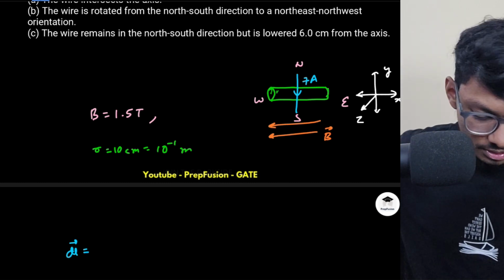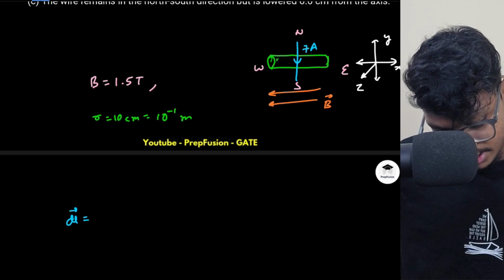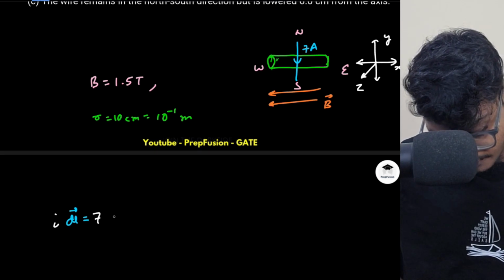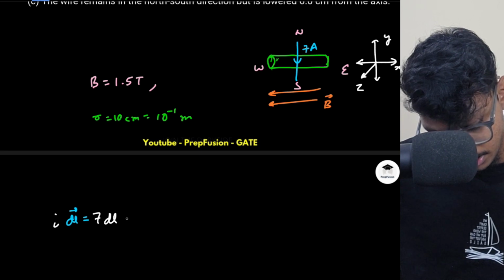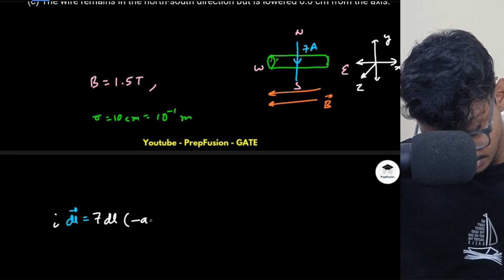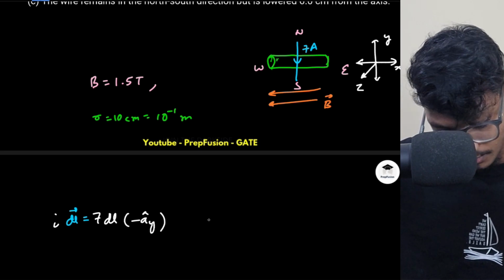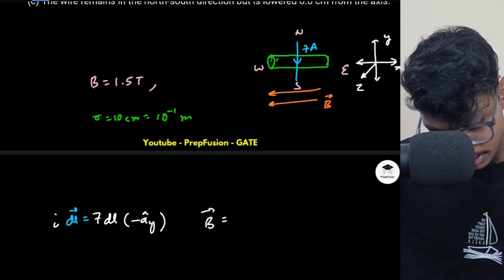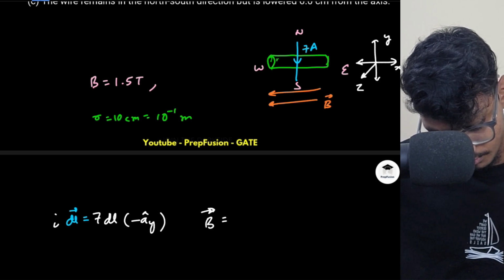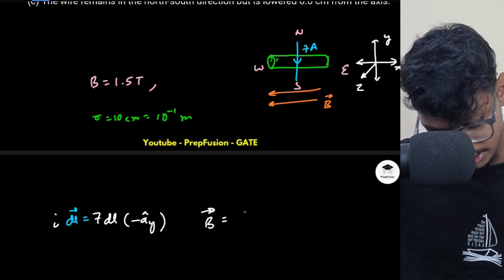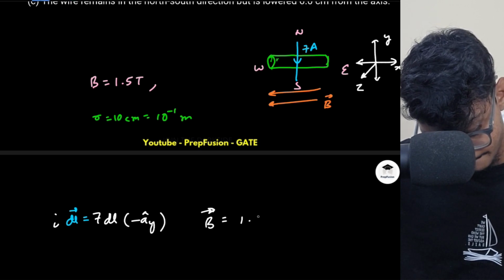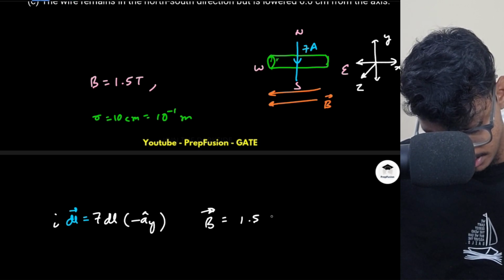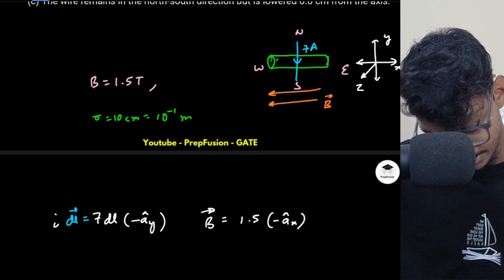My current element I dl is 7 in the minus a y cap direction. My magnetic field is in the direction of minus a x cap, so it is 1.5 Tesla in the minus a x cap direction.